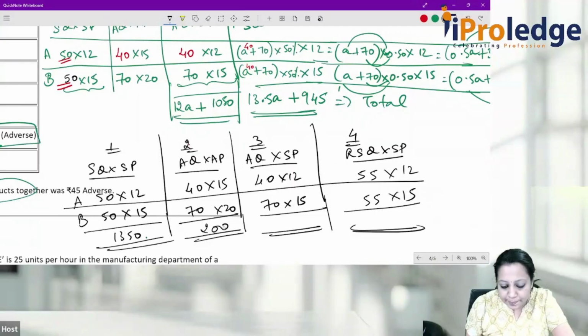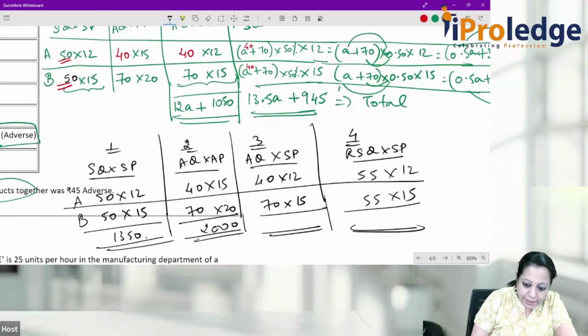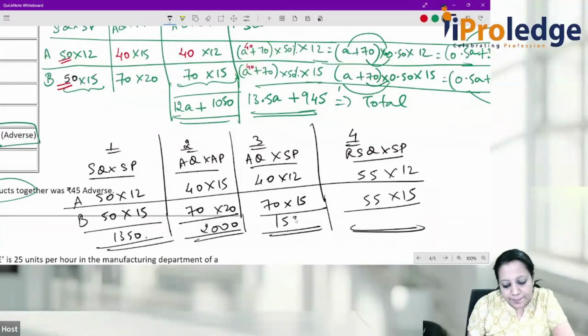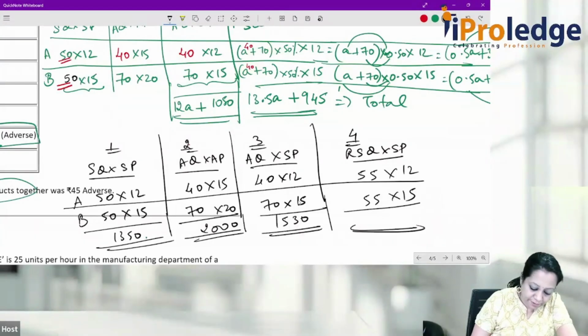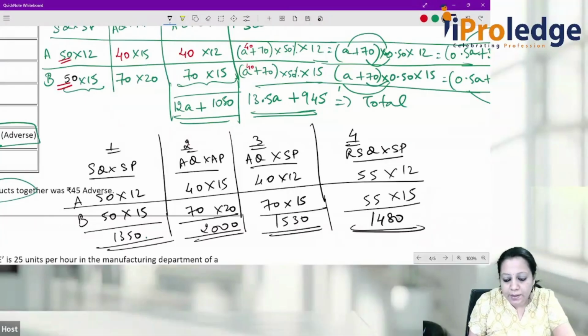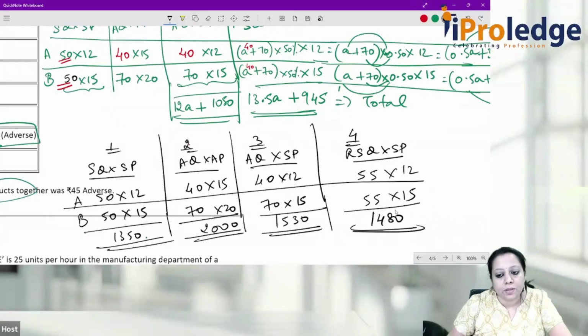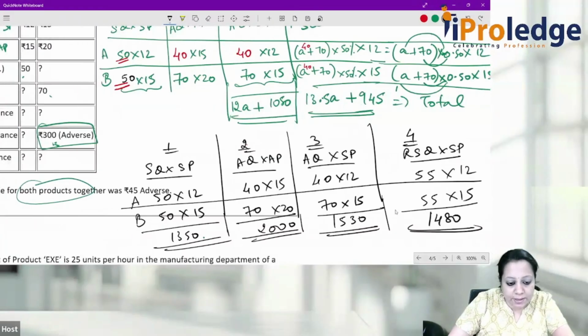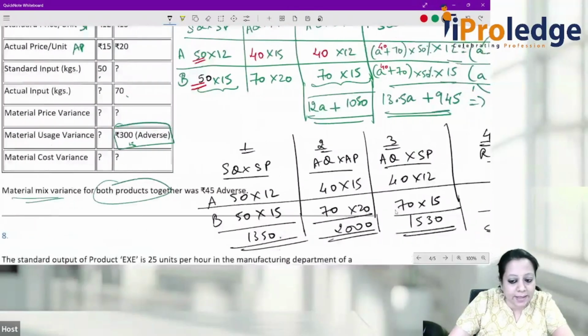Okay. 480. 480. 1530. Okay. 1480. Thank you. That's all. So already what is given to us is mix variance. The other one is only for material B. So what is given to us is mix variance.